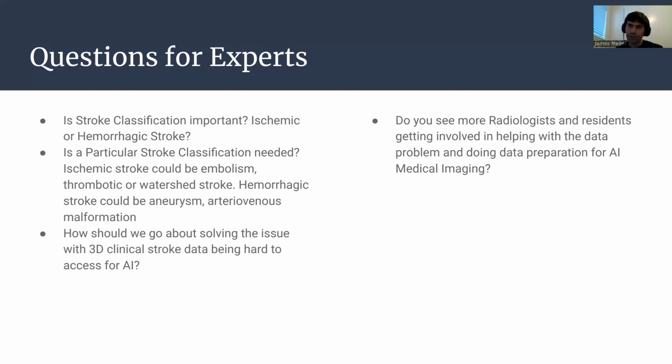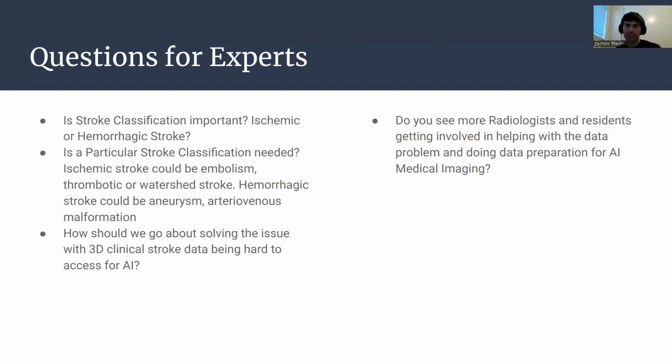But what I've heard from some radiologists is that deploying deep learning models into clinical applications requires them to be trained on a full 3D data set, MRI or CT and so forth. So how should we go about solving this 3D clinical stroke data problem so we can get access, again, to a full 3D clinical stroke data set?